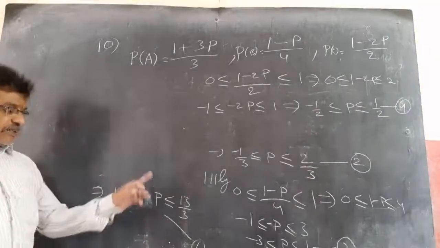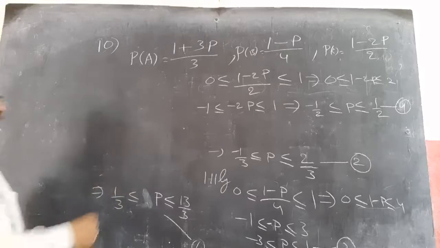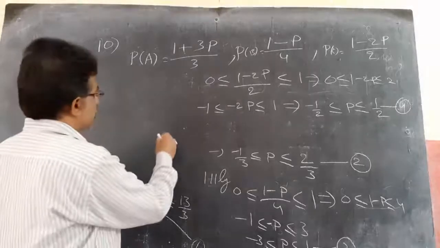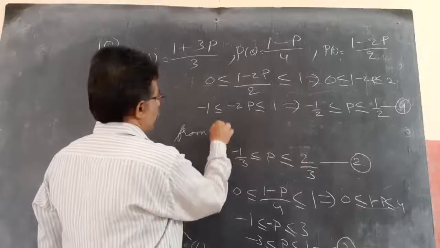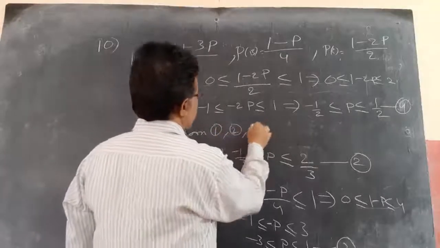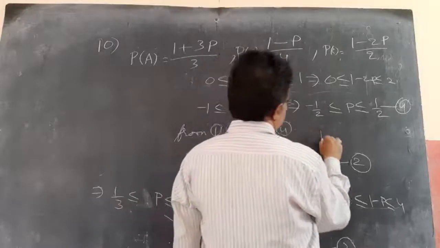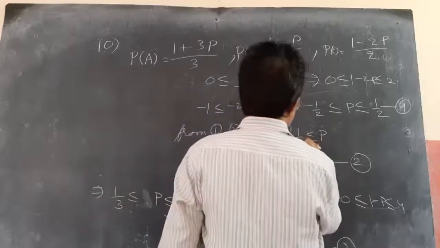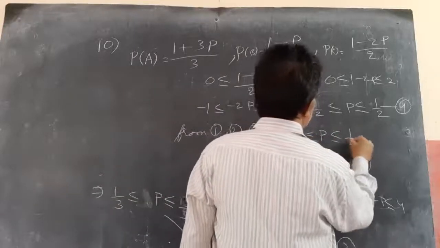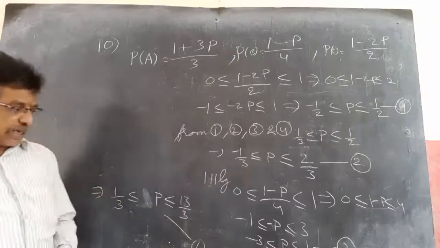Now, from equations 1, 2, 3 and 4, we can conclude that P lies between the common values 1 by 3 to 1 by 2, and we can represent it on a number line so you can understand easily.